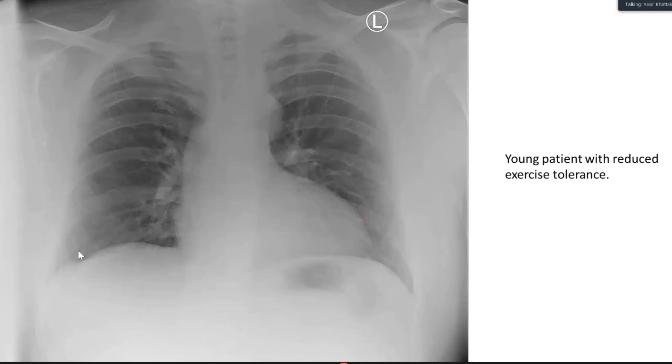You think there's an opacity on the right side and that there is pleural effusion, but this patient has slight rotation, and that can look like pleural effusion. So there is no pleural effusion. Now you can see a prominence of the aortic knuckle, and there's a bulge there. That bulge is a true bulge.